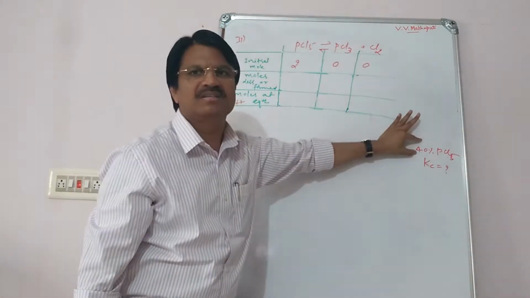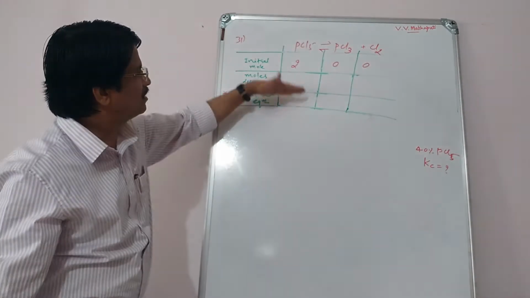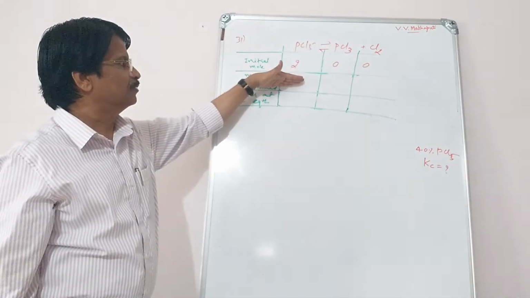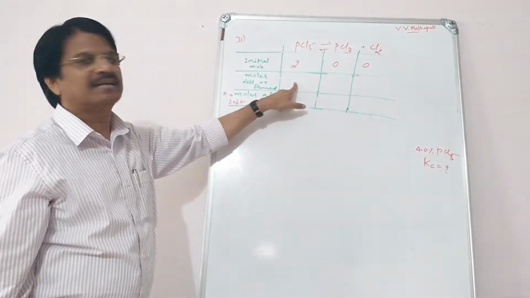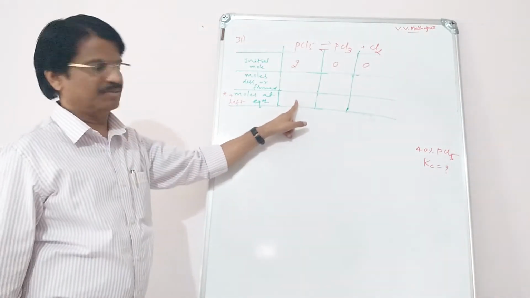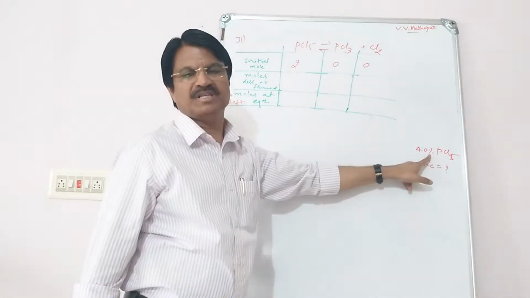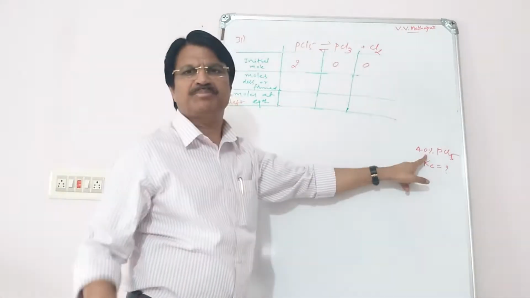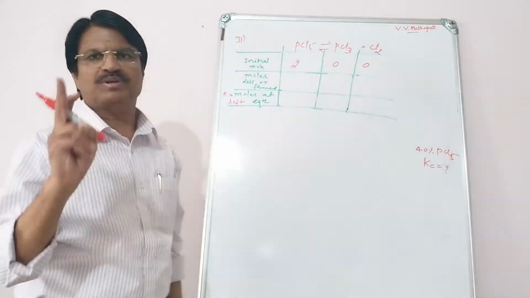But this dissociation value, do you write at last or second? Answer: second, because the second line is reacted or formed. The last line is what is left at equilibrium. Therefore, they give this much of PCl5 dissociated.